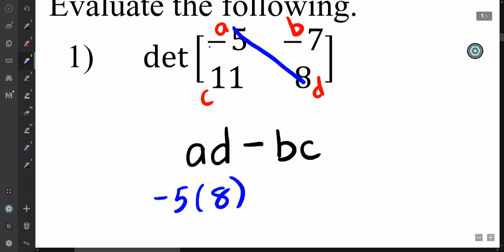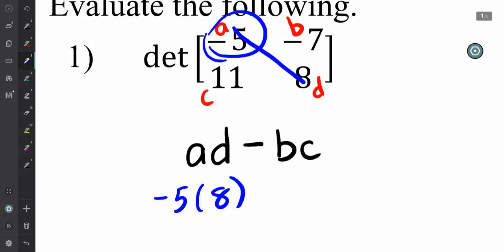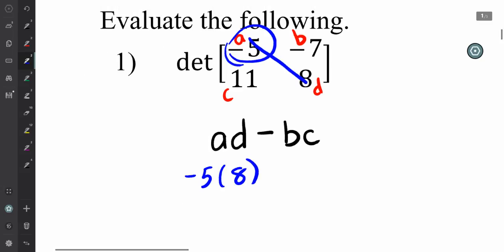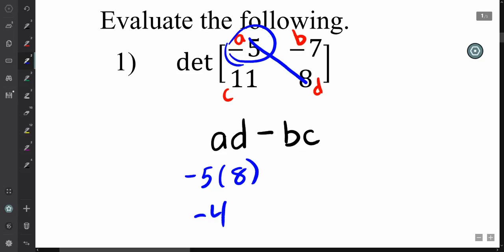Notice your starting point is always the top left. It does matter the order that you subtract the product. So do A times D. -5 times 8 is -40.